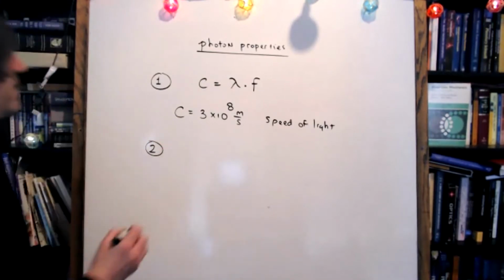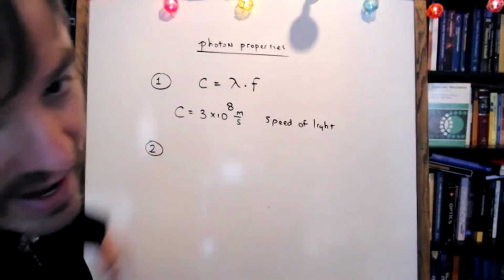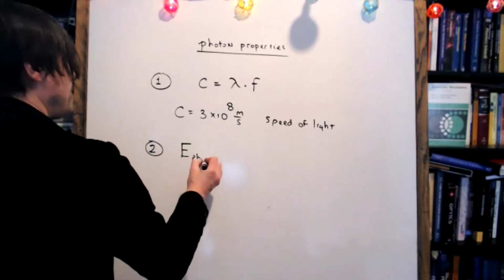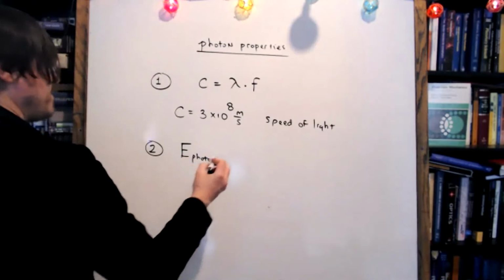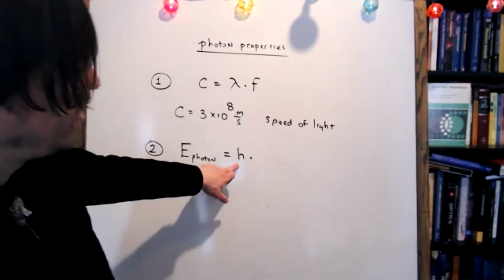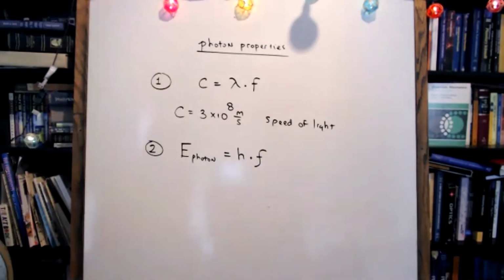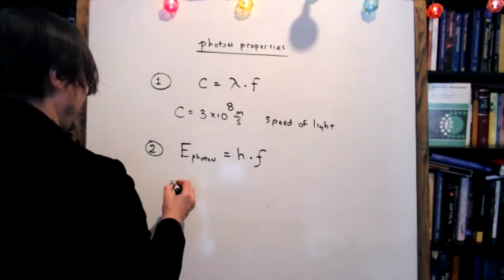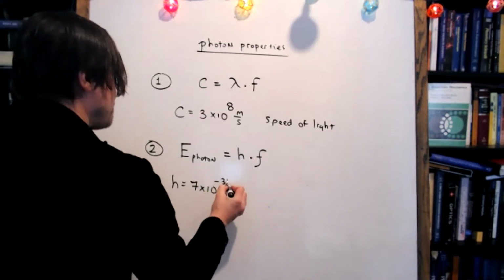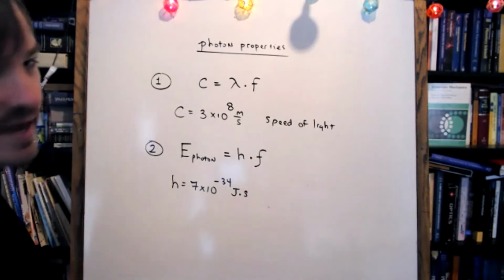The second formula defines the energy of a photon. Believe it or not, this formula was discovered by Albert Einstein. The energy of a single photon is another constant of nature known as Planck's constant times its frequency, where h has a constant value of 7 times 10 to the negative 34 joule seconds.